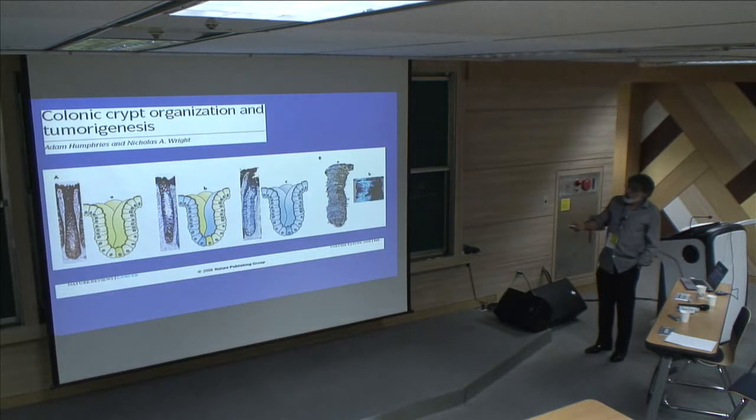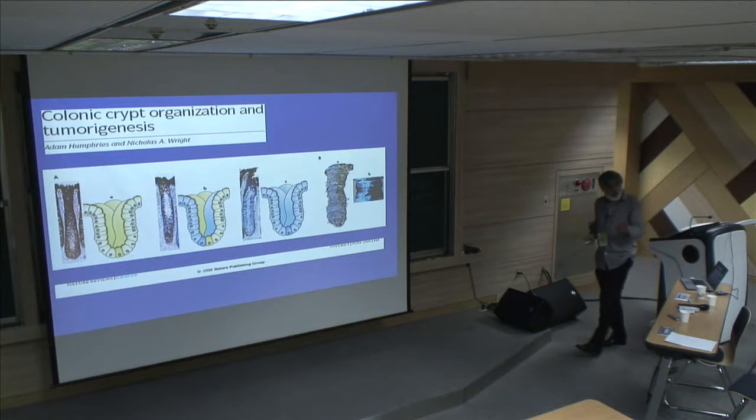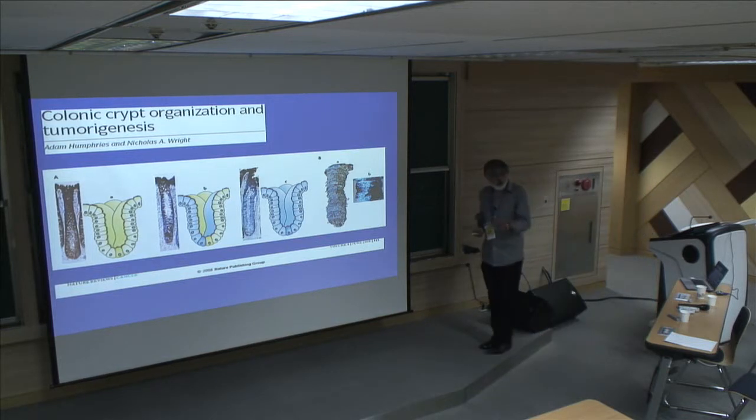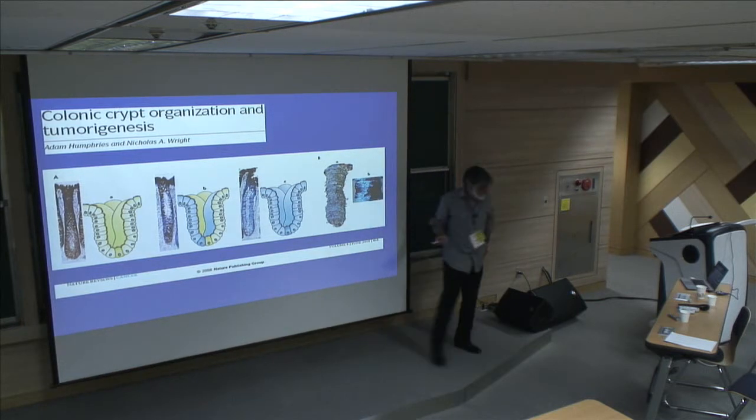Okay? And what people like Nick Wright can do, experimentalists now very, very cleverly, is that they can label a cell and then they can track the progeny of the cell as they move up the crypt. So then, if you have an individual cell-based model, you could then try to compare with these data.